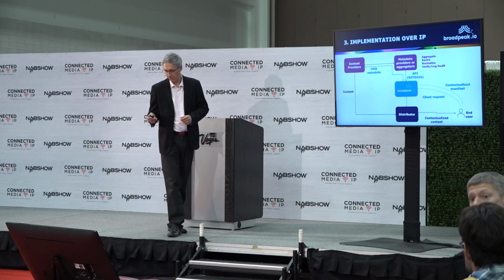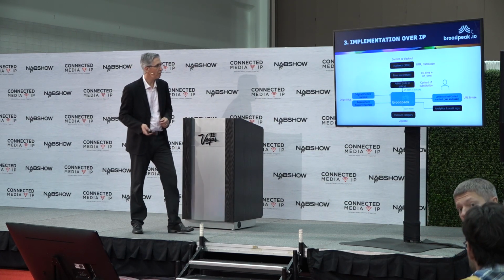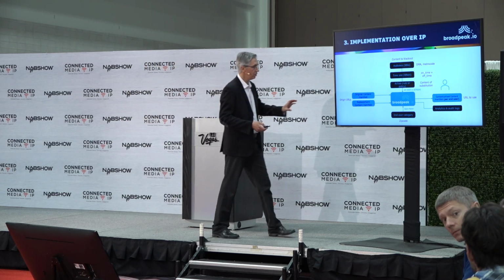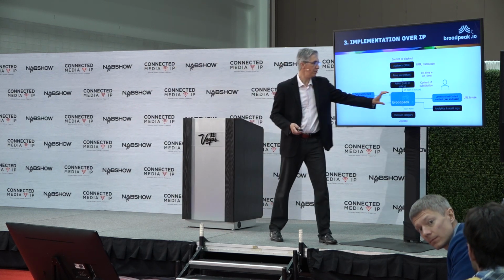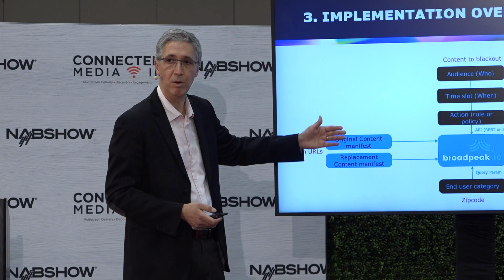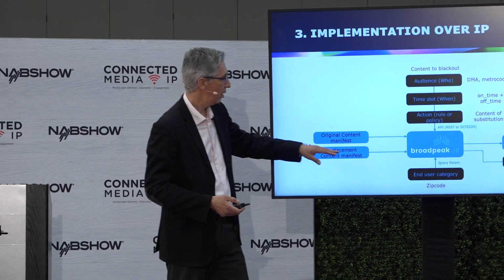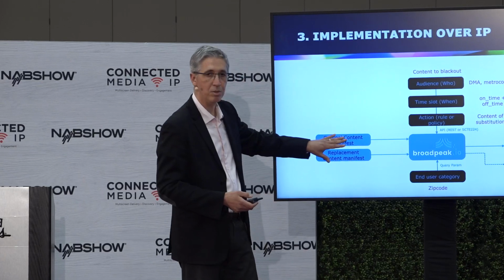Maybe we can look at another way of looking at this ecosystem. So this is the video delivery plane, if you will. So you see here that we're getting manifests from the original content and from the replacement content. So these are inputs to the platform.